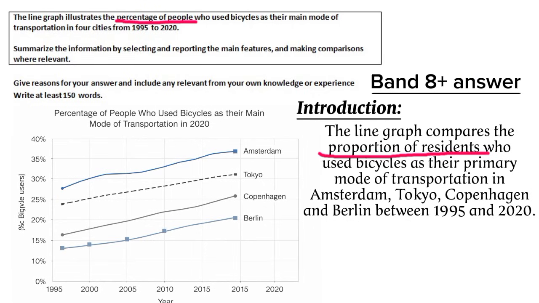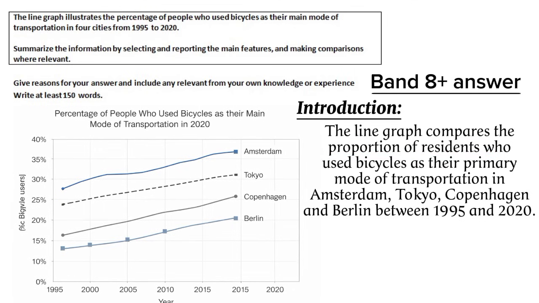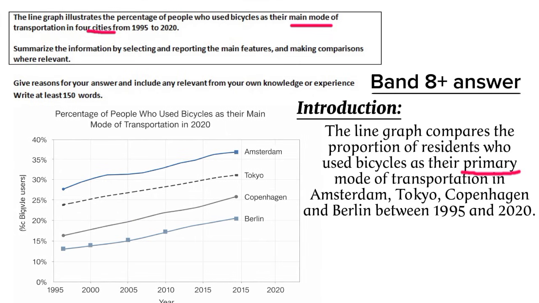After that, I write the proportion of residents instead of the percentage of people, which is a good sign of a better band score, and in the middle I only change the words main and cities. Synonyms like primary are suitable, and at last, instead of writing 4 cities, mention all the cities' names like I do.